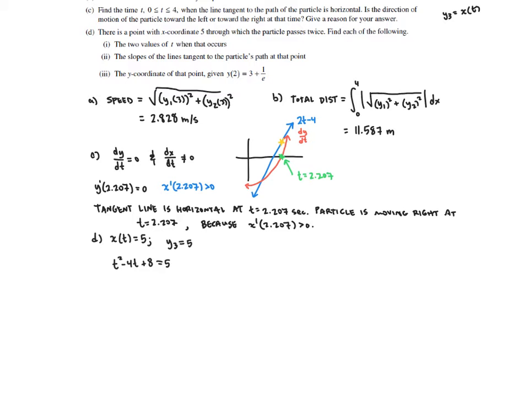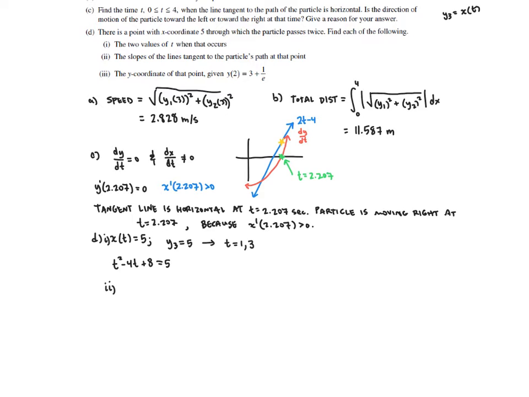In this case, I would use my calculator, and the calculator yields values of t equals 1 and t equals 3. Okay, so I've got my values now for part 1. I'm going to squeeze that in there. There we go.